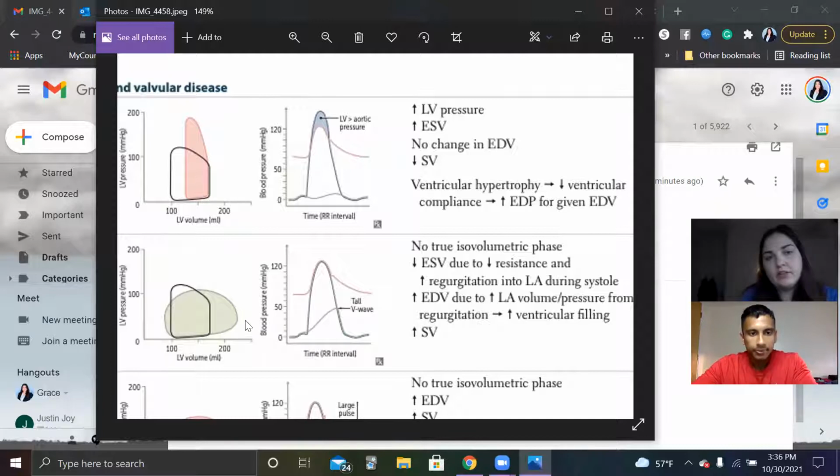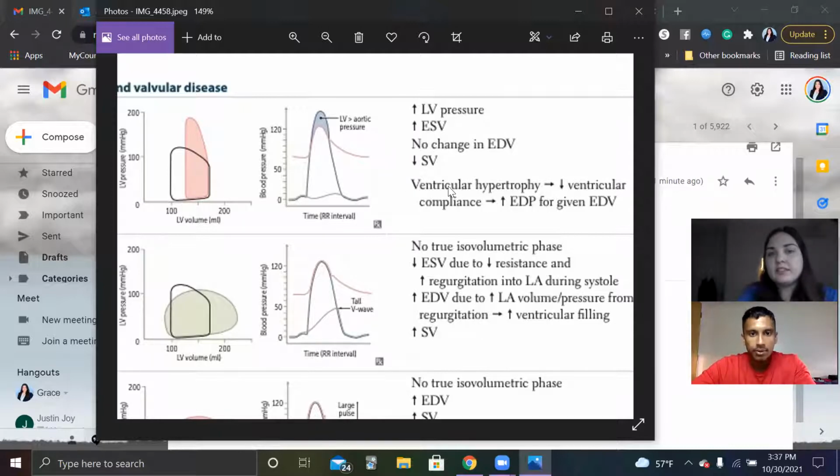We can see this one, the preload's 250 here. So it's normal here because it's not affecting the volume. It's getting out eventually and getting back, but our stroke volume is still decreased. So this is an example where your preload is fine, but your ejection fraction would be messed up.